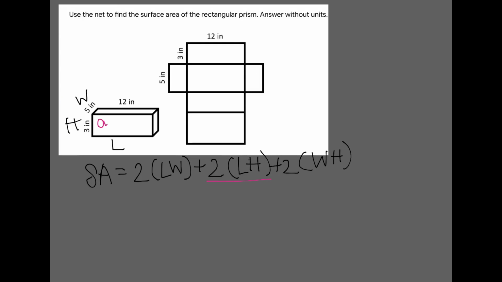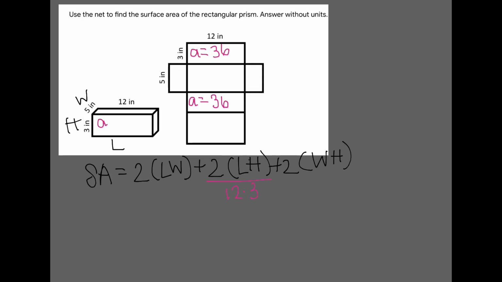And my length times my height is 12 times 3. So this is A, and here's my other length times my height. 12 times 3 is 36. 12 times 3 is 36.